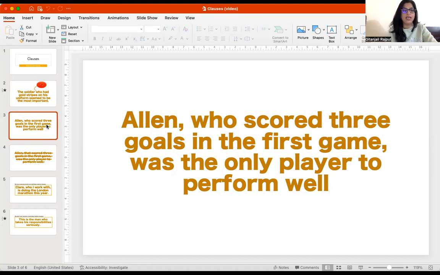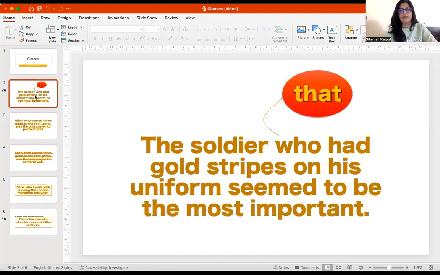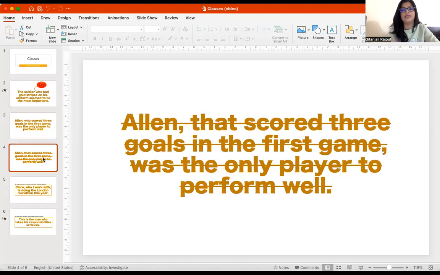Another difference is that, in the case of defining relative clauses, we can use the relative pronouns who, whom, which, and that. Whereas in the case of non-defining relative clauses, we cannot use the relative pronoun that. It is absolutely wrong to use the relative pronoun that in a non-defining relative clause.